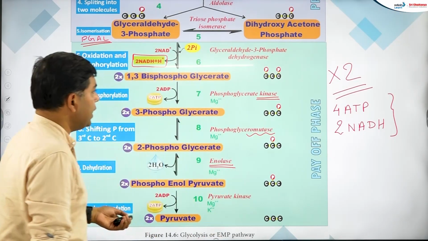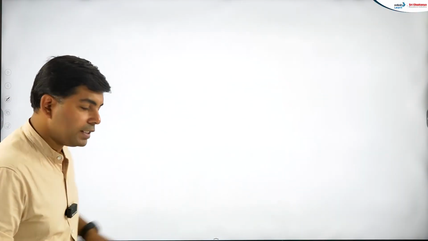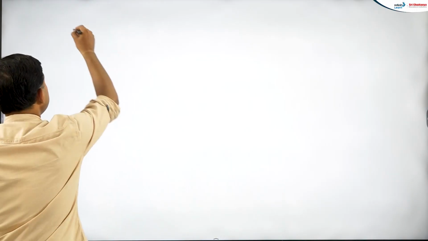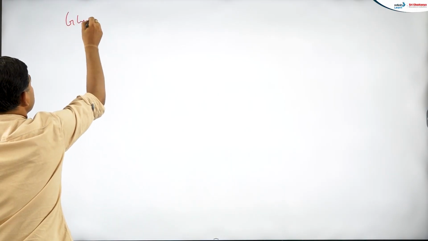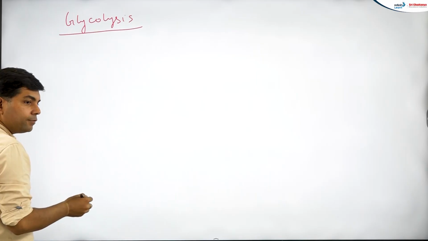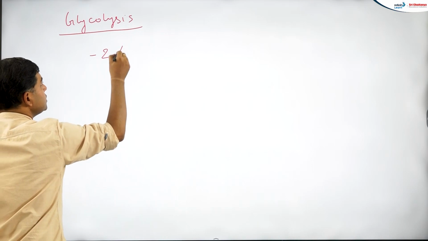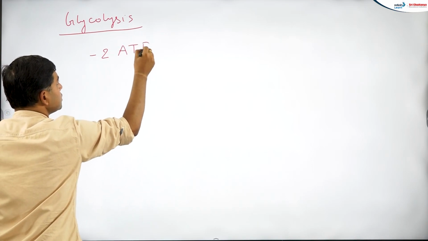Now moving ahead, if I summarize whatever we have seen, in glycolysis, what we have seen in the preparatory phase, 2 ATP was consumed.